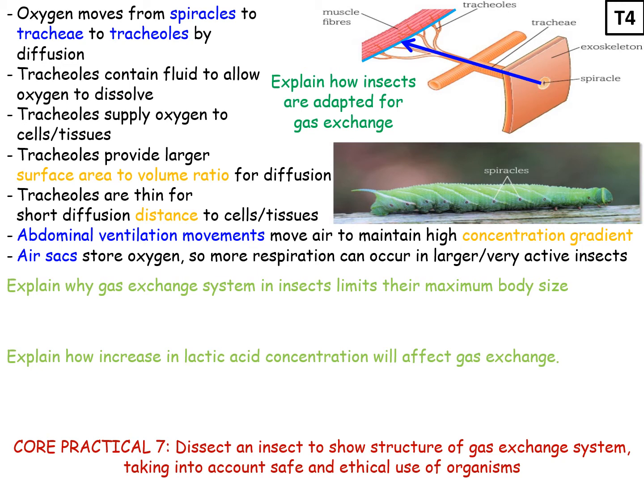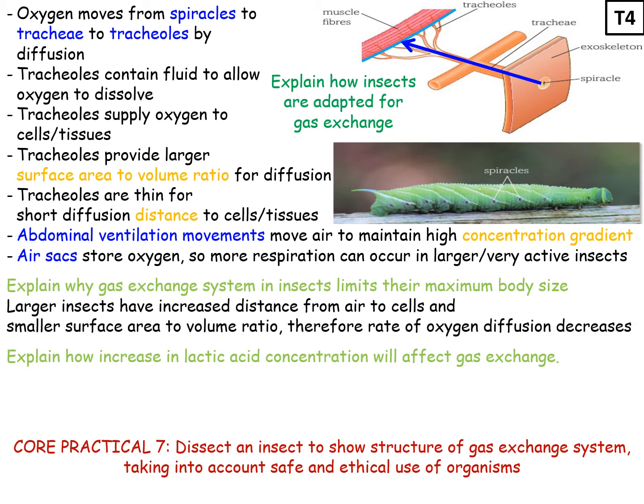Explain why gas exchange system in insects limits their maximum body size. Larger insects have an increased distance from air to cells. Therefore, their surface area to volume ratio will be much smaller, and this decreases the rate of oxygen diffusion.